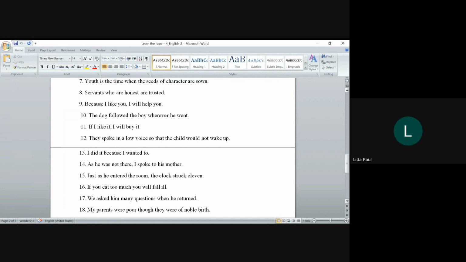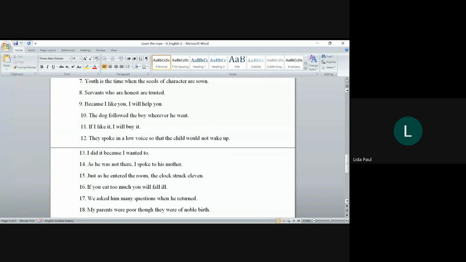And this answers the question why, right? So that is usually used to present what? Reason. So what kind of adverbial clause? So that the child would not wake up. Basically this has a subordinating conjunction, and this one is an adverbial subordinate clause.